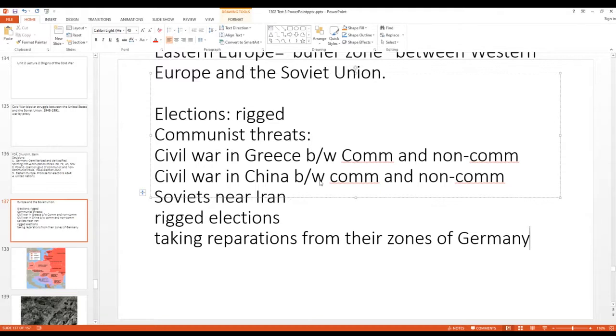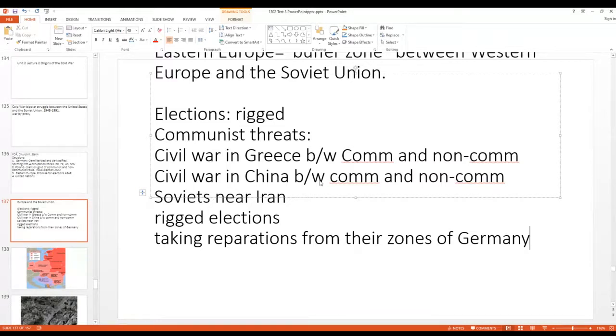And so everyone had agreed, at least on paper, not to seek out any more reparations. And the Soviets pretty much violated that. The Soviets were literally taking buildings down brick by brick, shipping them back to the Soviet Union, and then rebuilding them exactly as they had looked in Germany.